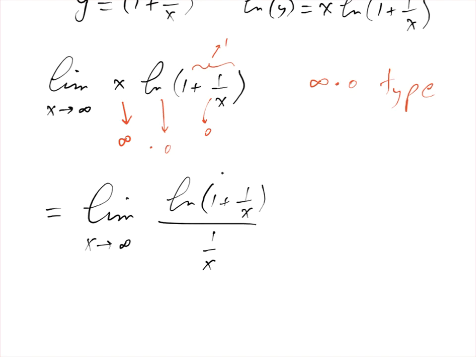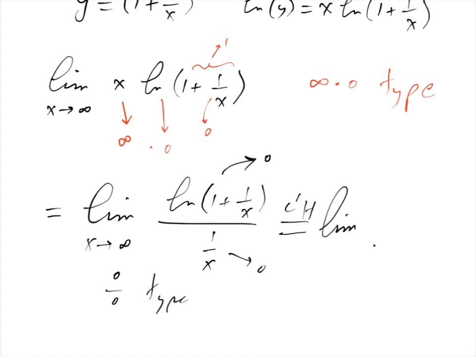The numerator, just like above, the ln tends to 0, and 1 over x tends to 0. So this is 0 over 0 type, and L'Hopital's rule applies now. So we take the derivatives and form a new ratio.